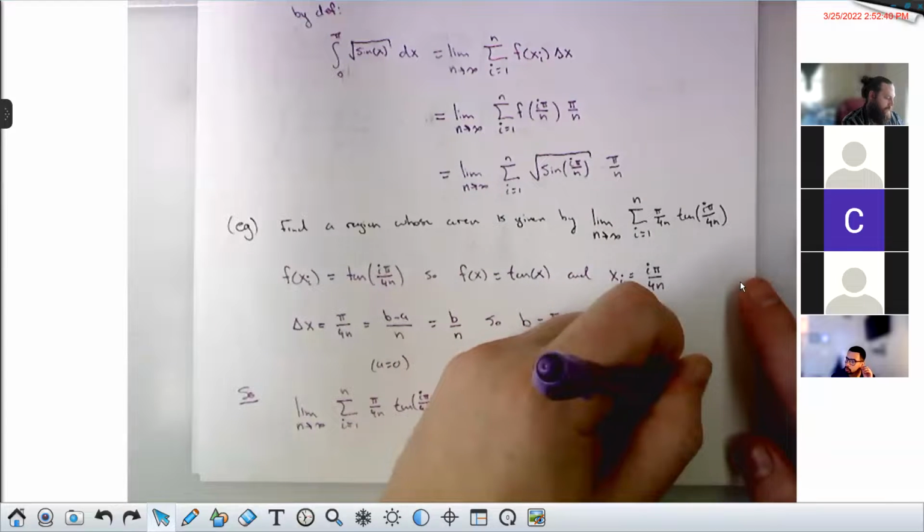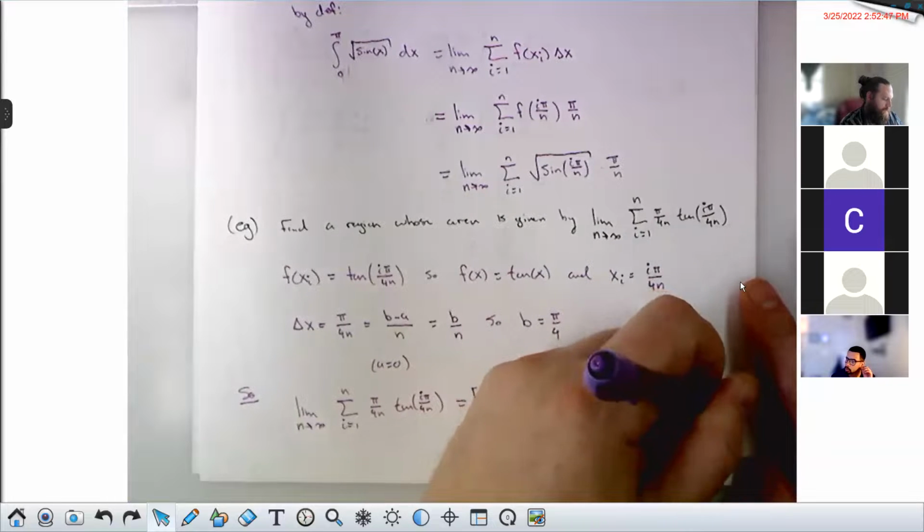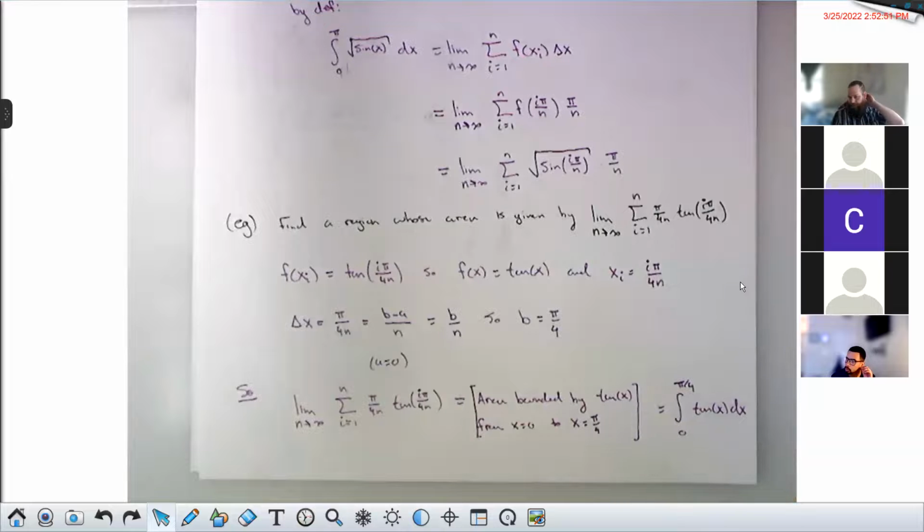And if I want to, I could write that in our fancy new notation as the integral from 0 to pi over 4 of tangent x dx. Okay.